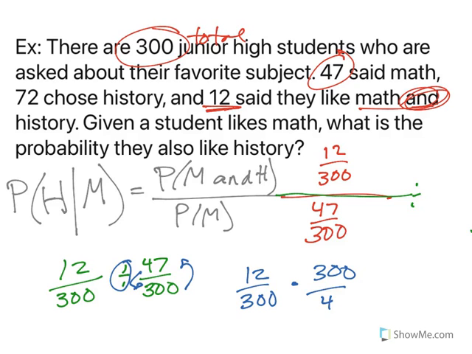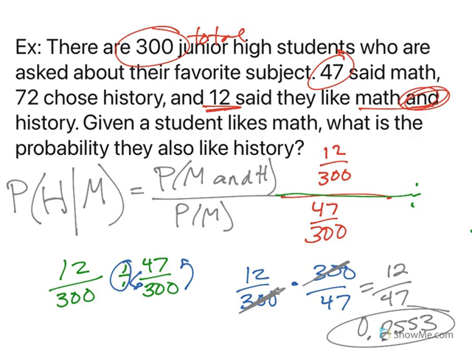You multiply by the reciprocal, or keep, change, flip, which is the nomenclature a lot of young people learn. My 300s cancel out, and I'm left with 12 over 47, which simplifies to 0.2553 as a decimal. So about a 25% chance that if a student likes math, they will also like history.